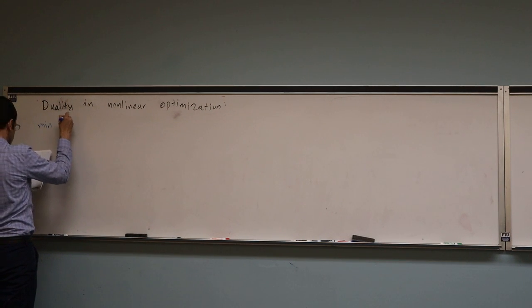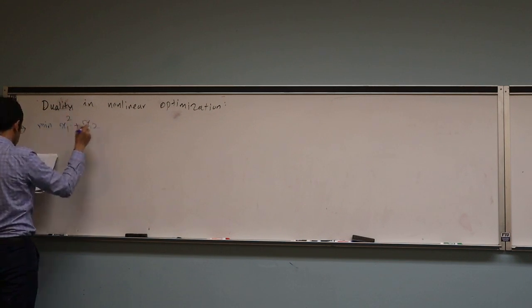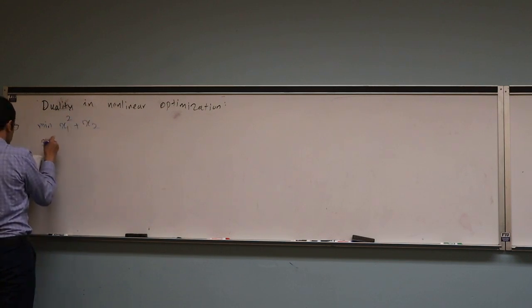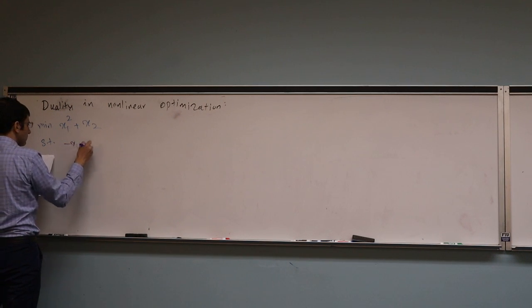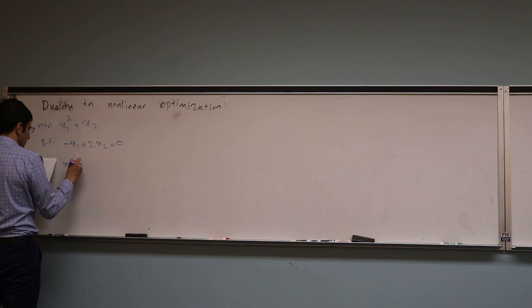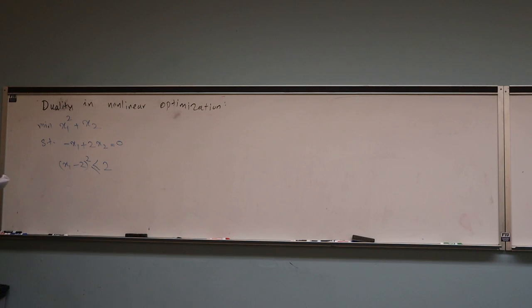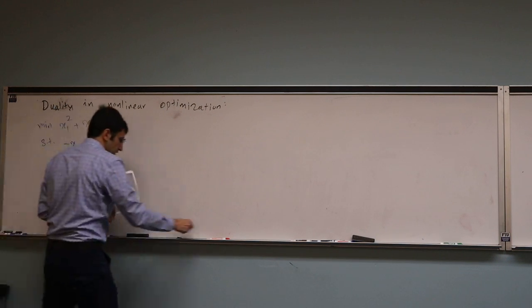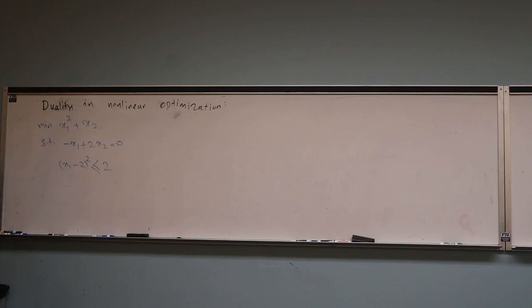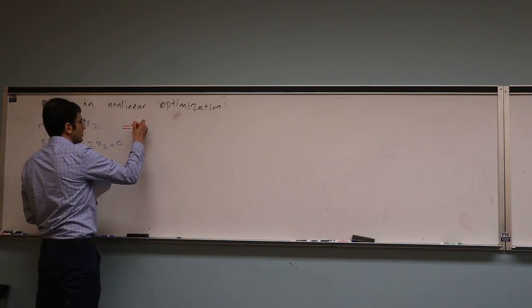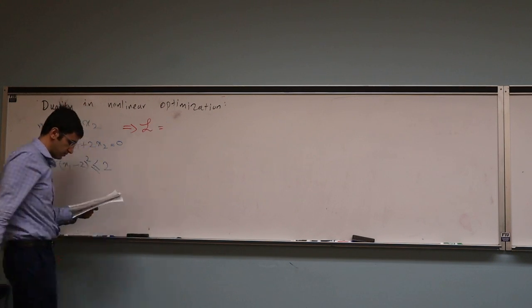Minimizing x1 squared plus x2 subject to minus x1 plus 2x2 equal to 0, and x1 minus 2 squared less than or equal to 2. Alright. If you recall the 4 steps, the first step is to find the Lagrange function.